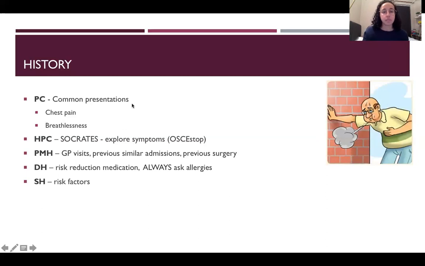Social history is also really important. So they're smoking, they're drinking, those things can make you more likely to have, say, a heart attack. And then their family history, other family members dying at a young age from heart attacks can mean that they have familial hypercholesterolemia, or just a predisposition.